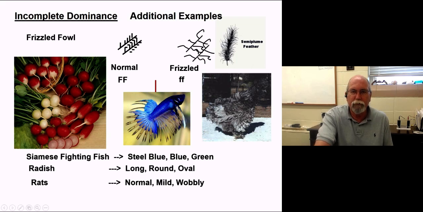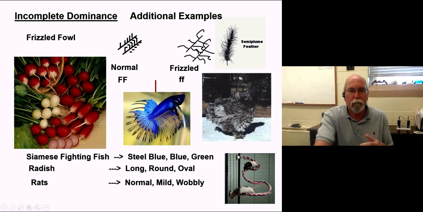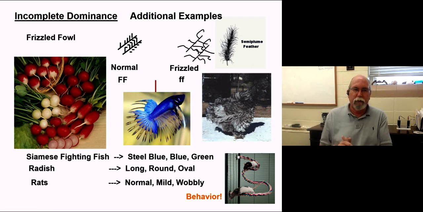There's a behavioral system where we have normal behavior. We have what are known as wobbly mice. These are mice that kind of move around. So we're talking about a behavioral trait here. And the mutation that drives that is actually a fairly simple incomplete dominance mutation. If you take a normal mouse and you breed it with a wobbly, you'll get mildly wobbly. It's kind of an interesting study because this is obviously affecting the neural system.